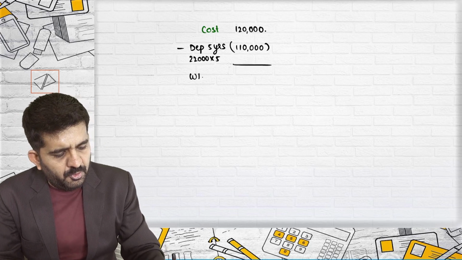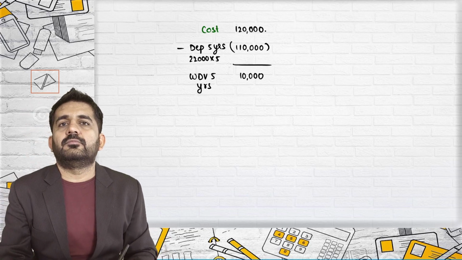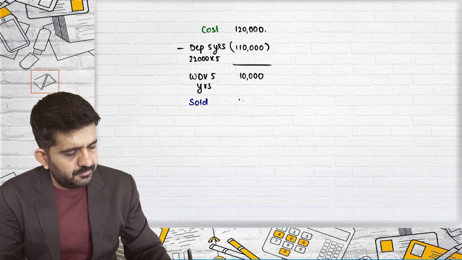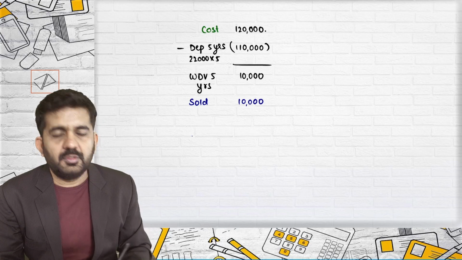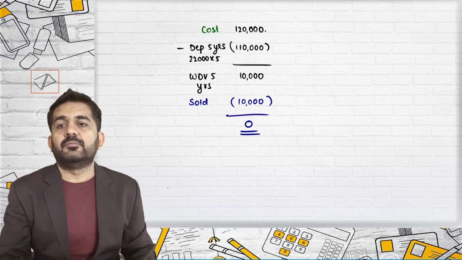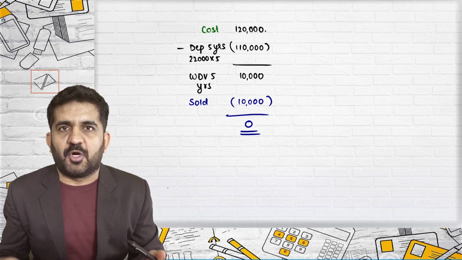What will be the WDV after 5 years? 10,000. At what rate is it sold? 10,000. What is the profit or loss? 0. If profit is 0, you don't have to consider tax on profit.